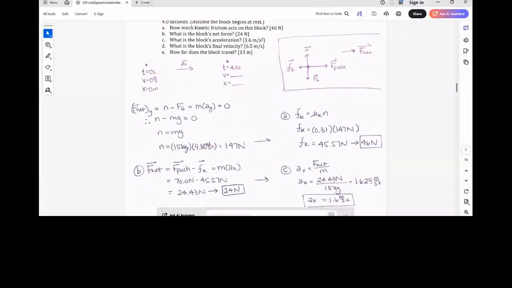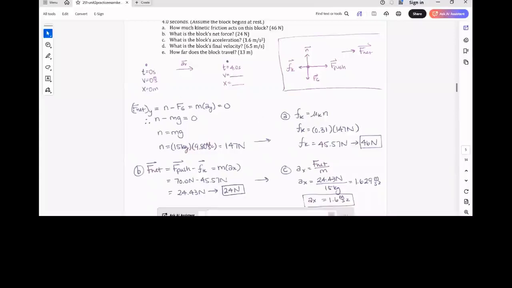For part B, determining the block's net force, I could just take the difference between the two forces that we know: the given force F push and the kinetic friction force that we just calculated. And I find that F net is positive. It is approximately 24 newtons, 24.43 in its unrounded form.